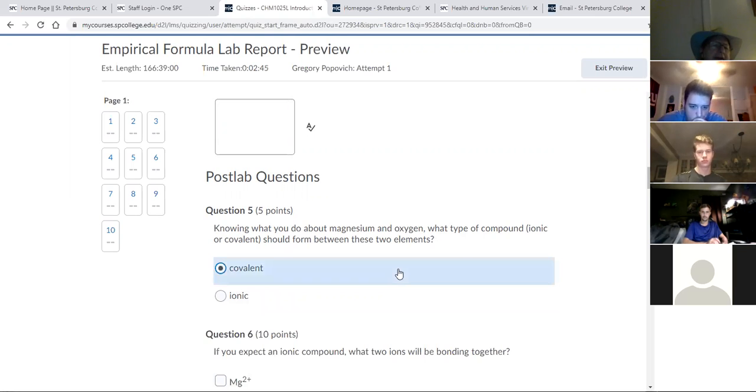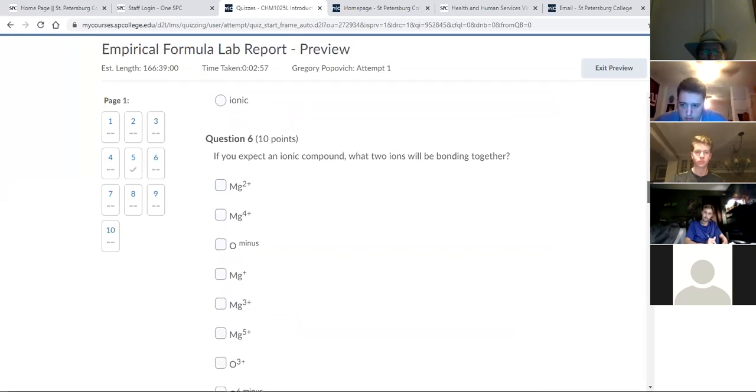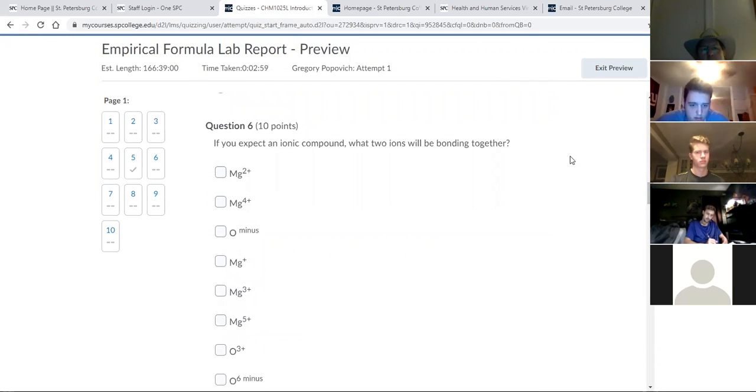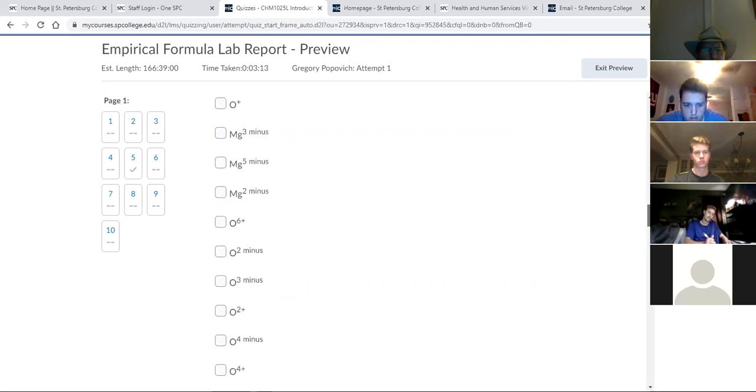All right, is magnesium a metal, guys? Yes. So is this going to be ionic or covalent? Ionic. Figure out which of the 2 ions. You have to click the correct 2 ions.